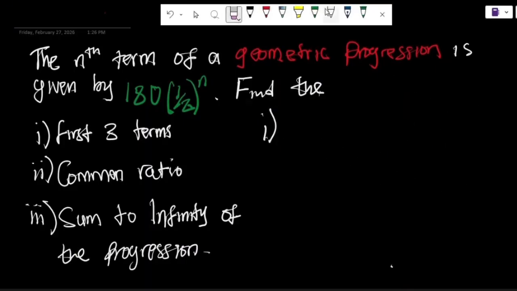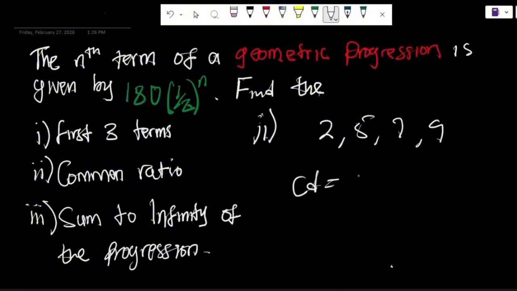How do we find the common ratio here? Notice that we are not finding the common difference. When we have terms like 2, 5, 7, 9, you understand that when you're dealing with arithmetic progressions, the common difference is the second term minus the first term.